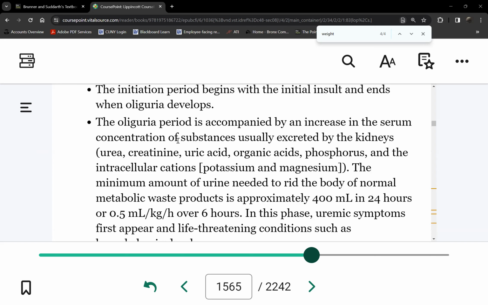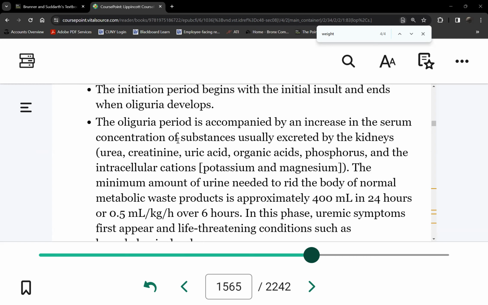It's somewhere in the body. We know it's not coming out, correct? So now, what did we say about BUN and creatinine? How do we get rid of BUN and creatinine? Through the urine. So if you're making less than 400 ml of urine per day, are you getting rid of BUN and creatinine? So now you have increased waste products in the blood. What happens to potassium levels?